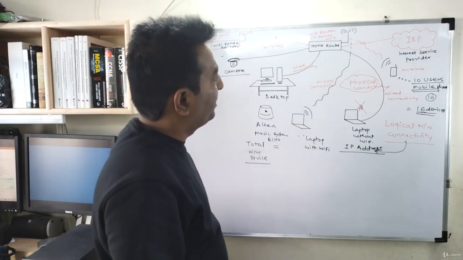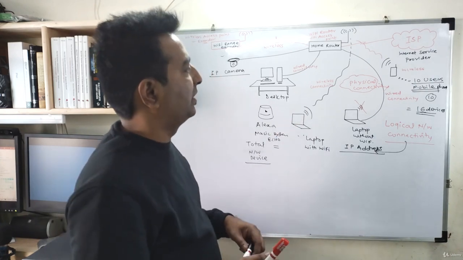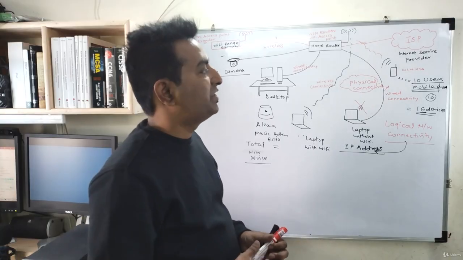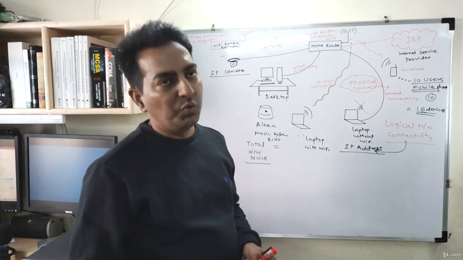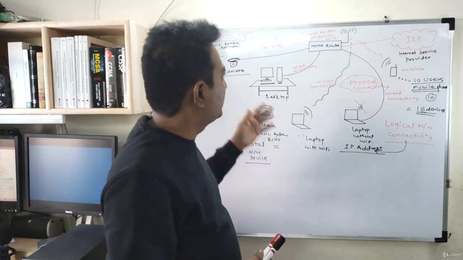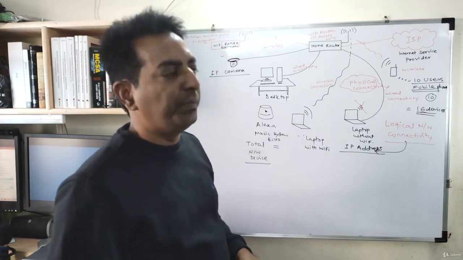So now friends, you need to decide what type of network you are going to configure, or which class of IP address you need to use while you assign IP addresses to devices in such a small home network.